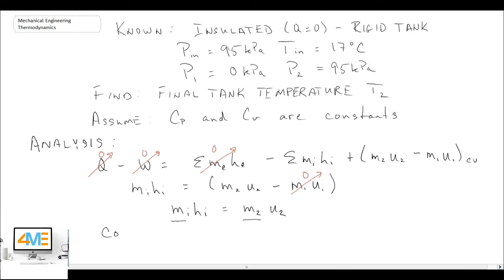So from continuity, which is something that you would learn in a fluid mechanics course, we know that mass in is equal to mass 2, and therefore what we can write is Hin is equal to the internal energy at state 2. So that's the equation that we're going to be working with as we come up with a solution to this problem, trying to determine the final temperature at state 2.